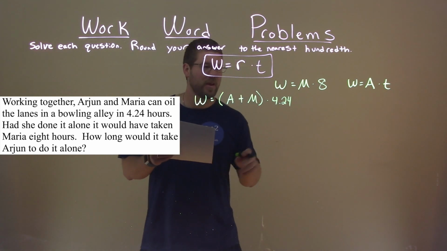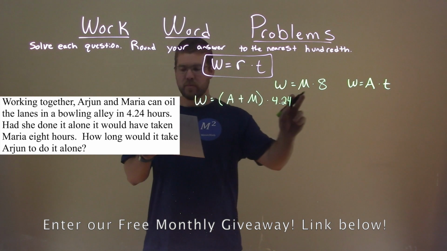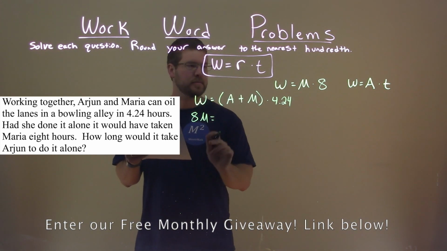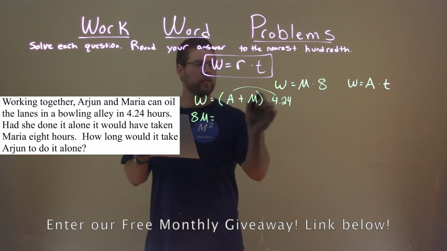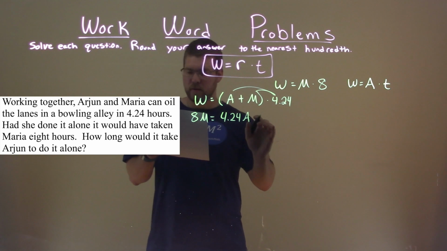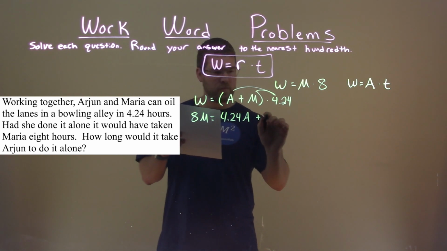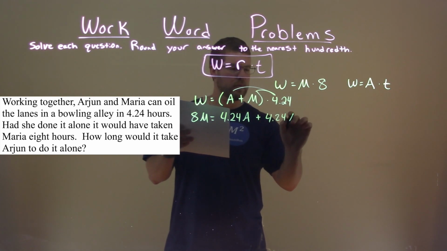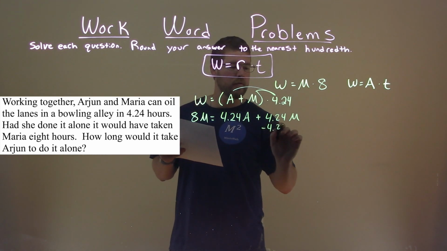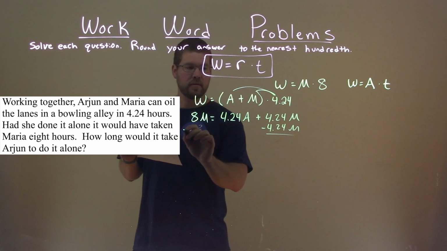So now we're going to use this and adapt it and see if we can solve this equation here. All right, so this work, let's replace it with Maria's rate, m, times 8, or 8m. It's the same thing. We're going to distribute the 4.24 to both parts here, and we have 4.24 times Arjun's rate plus 4.24 times Maria's rate. We then are going to subtract 4.24m from both sides.